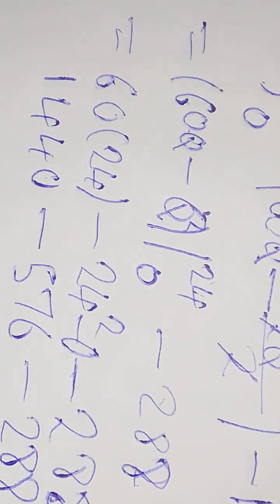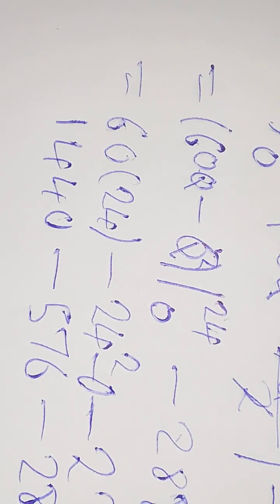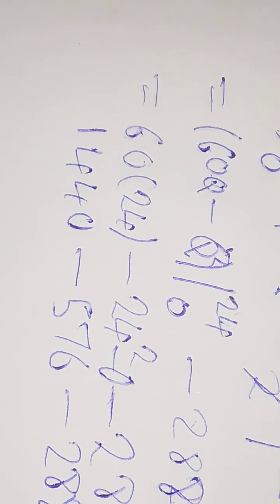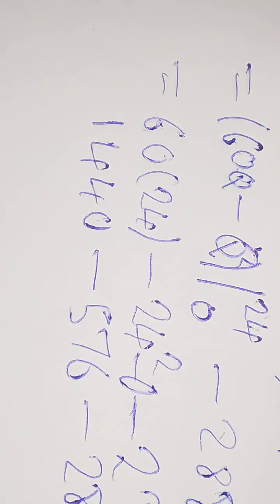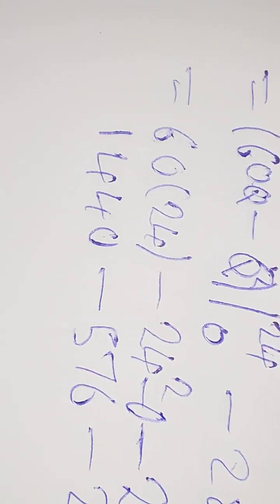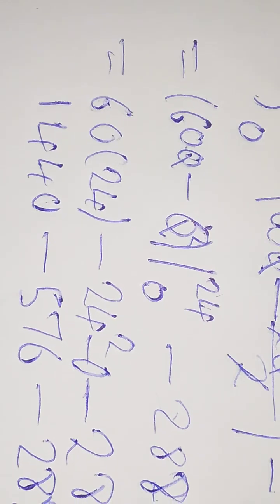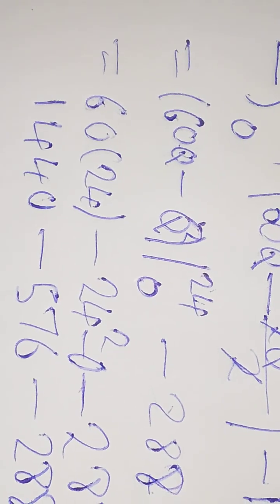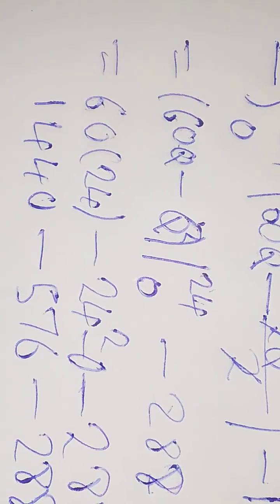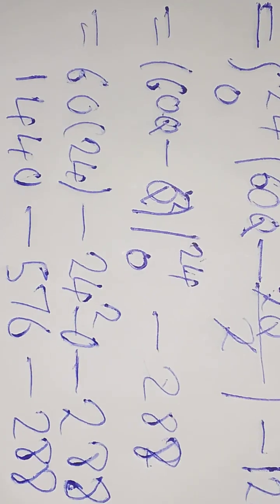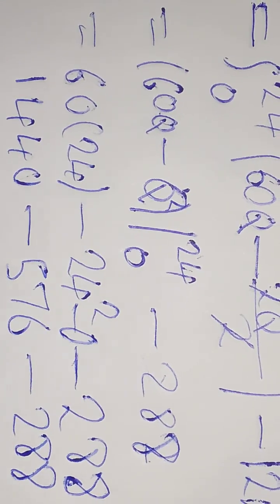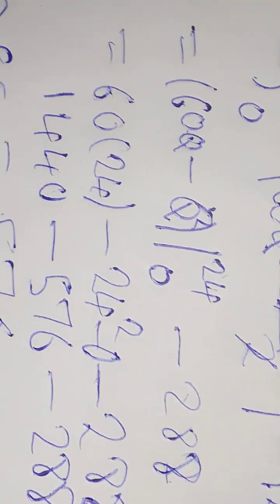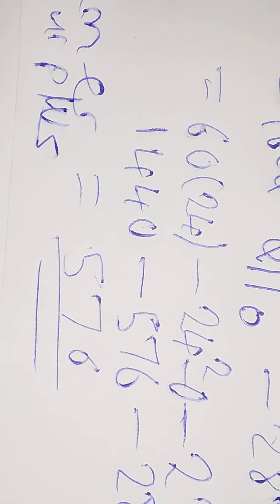From the calculator, 1440 minus 576 minus 288, our final answer is 576. That's our consumer surplus. Then you are done with this simple question.